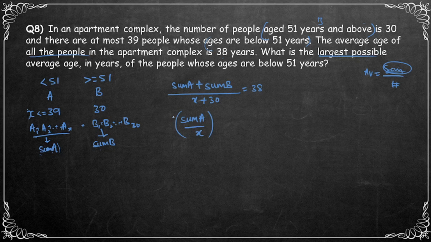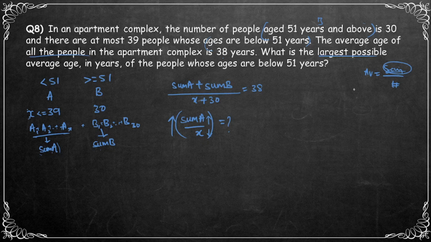That means the largest possible value of this is equal to question mark. Now if you want the largest possible value, we need to choose the largest possible numerator or the lowest possible denominator.